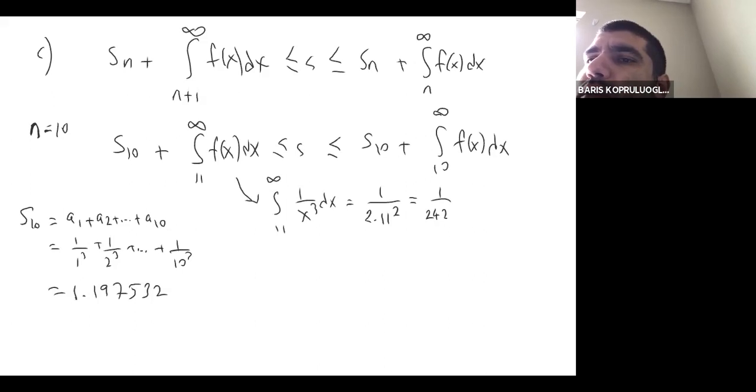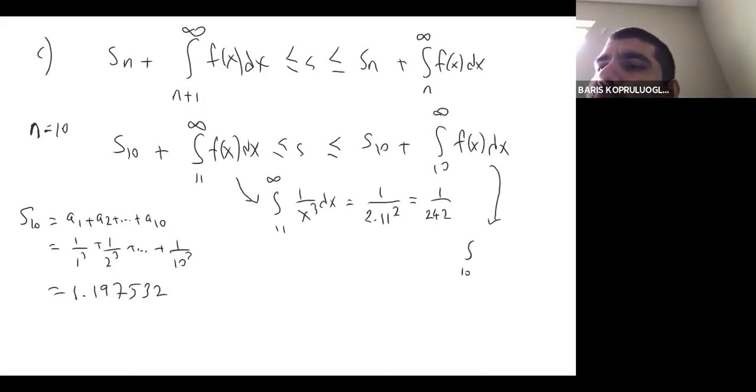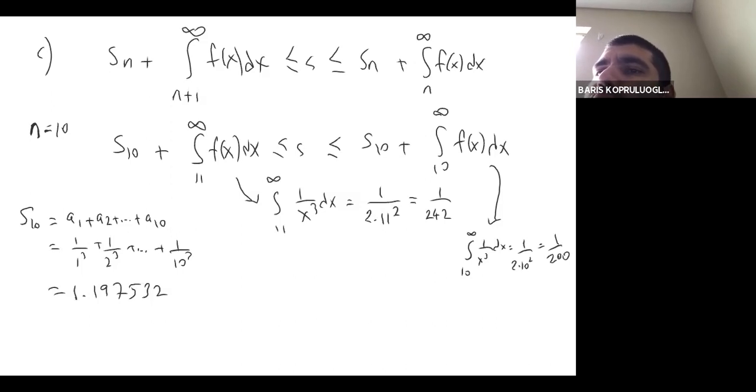And this one similarly will be the integral of 1 over x cubed dx from 10 to infinity, which is 1 over 2 times 10 squared, which is 1 over 200.